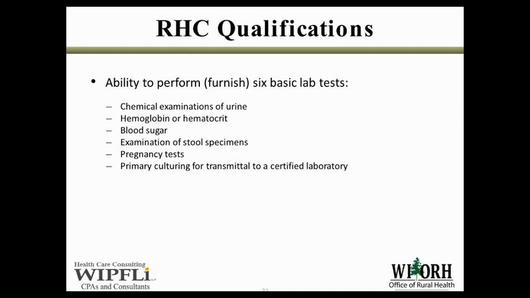However, the rural health clinic must maintain its ability to perform each of these 6 basic lab tests at all times, and since the requirement states that a clinic must furnish these 6 basic lab tests, it's expected that the clinic will from time to time provide at least some of these 6 basic lab tests during the normal course of operations.